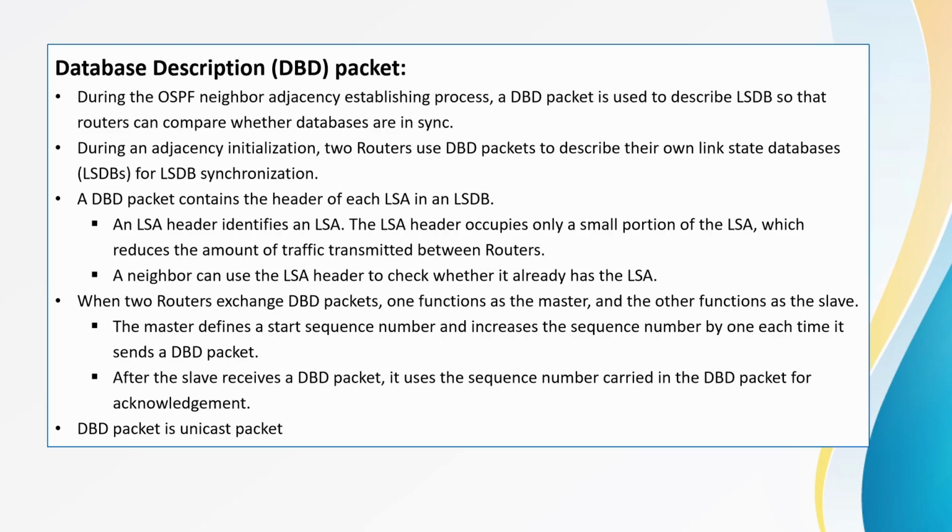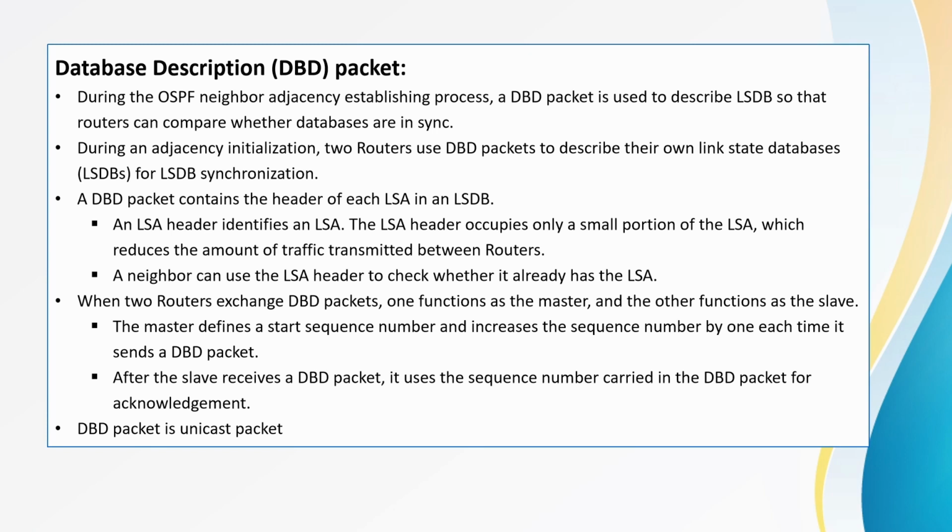So the next OSPF protocol packet is the database description packet. During the OSPF neighbor adjacency establishment process, the DBD packet is used to describe the link state database so that routers can compare whether databases are in sync.